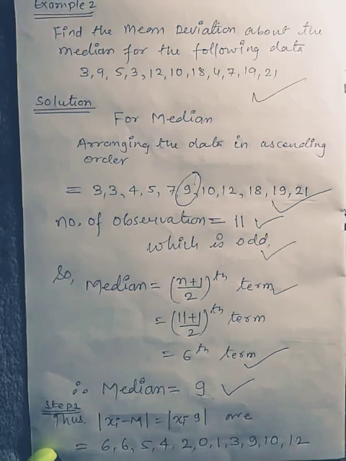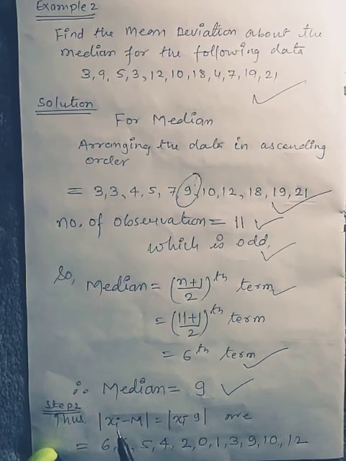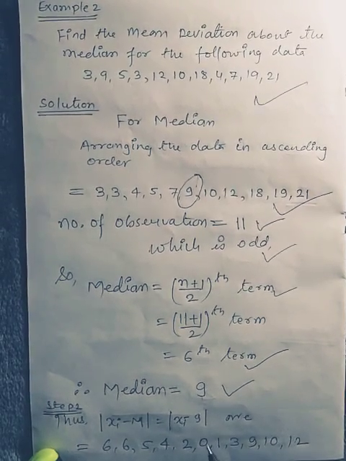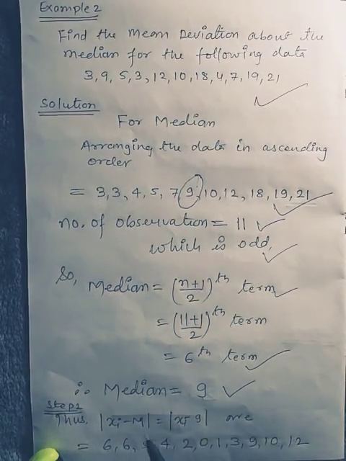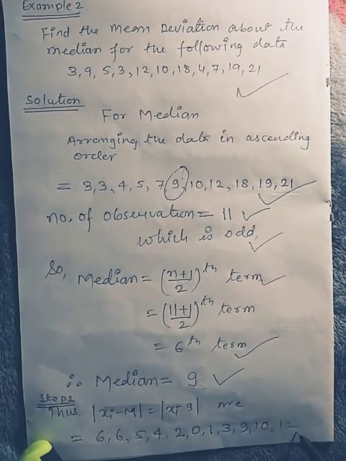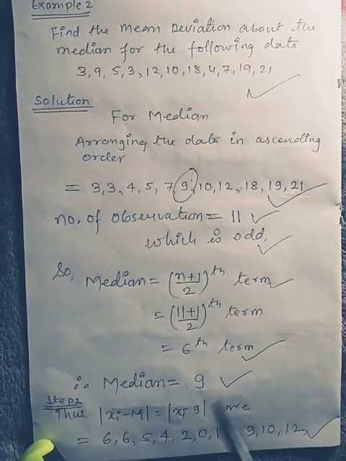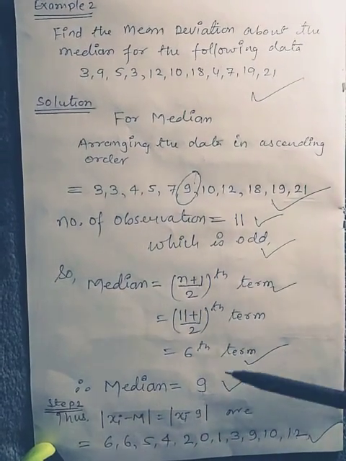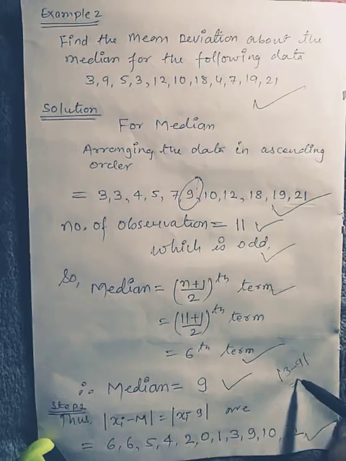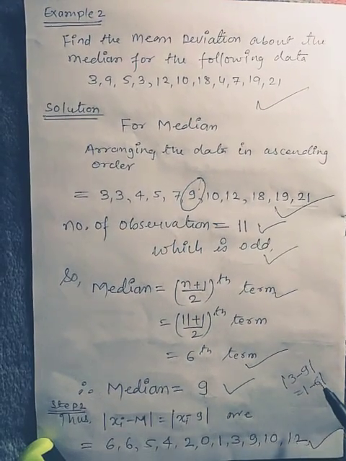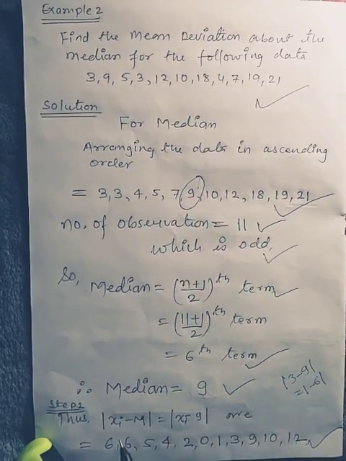Step 2, we find mod under xi minus M, that is xi minus median, where the median is 9. So putting the value of M as 9, for the first value 3, we get mod under 3 minus 9, which is mod under minus 6, and as modulus takes only the positive value, we get 6.